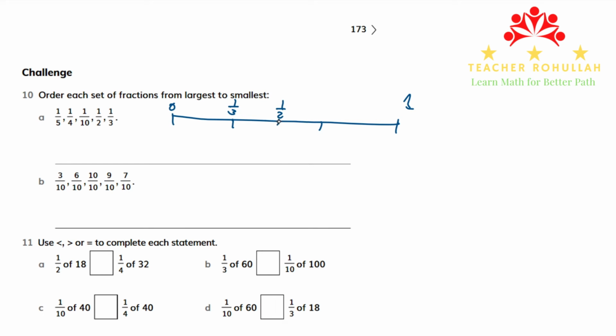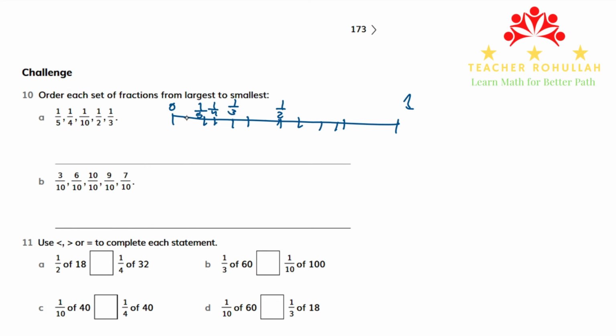And again, if we cut it into fourths, 1, 2, 3, 4, this one is showing 1/4. And if we cut it into fifths, this is 1/5, 2/5, 3/5, 4/5, and 5/5.